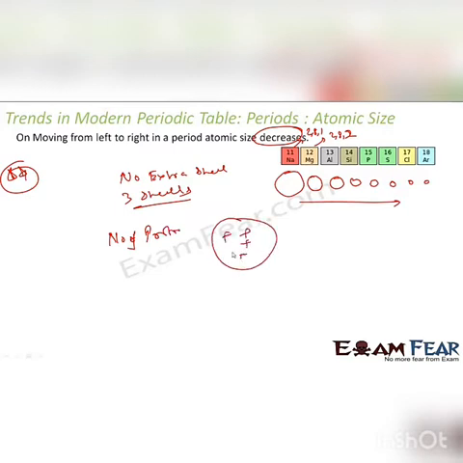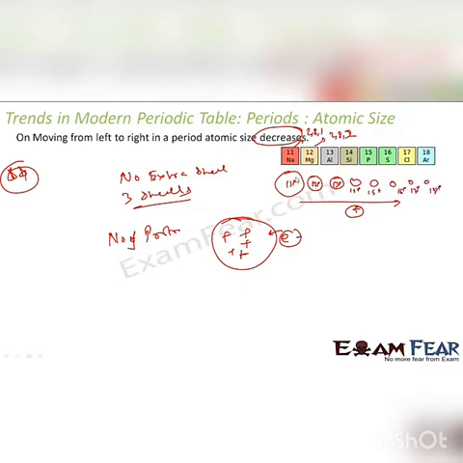Now, as the atomic number increases, the number of protons in the nucleus increases. It has more and more positive charge. The positive charge increases, the power of the nucleus to attract electrons also increases, right? So since the power is more, it attracts electrons more towards itself, and thus the atom shrinks. Hope you understand this. See, if this guy has, let's suppose, 11 protons, this guy has 12 positive, 13, 14, 15, 16, 17, and 18 protons.